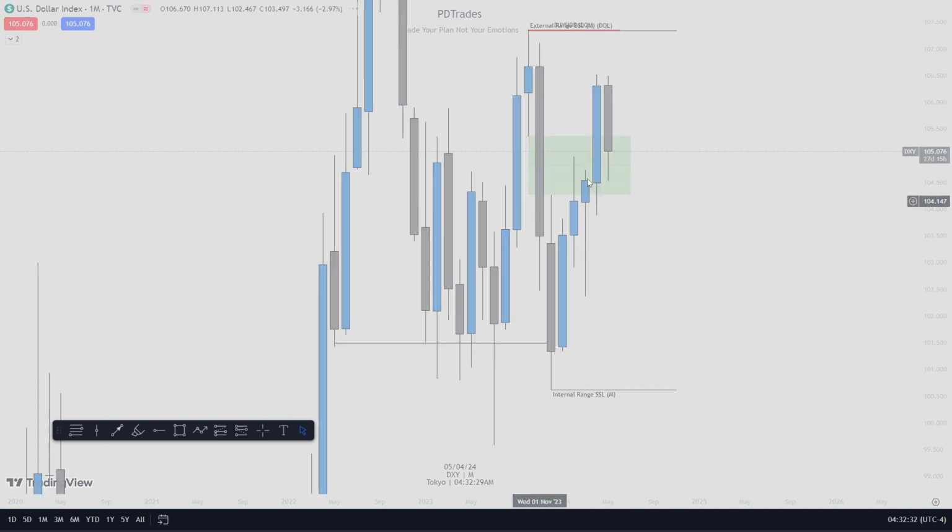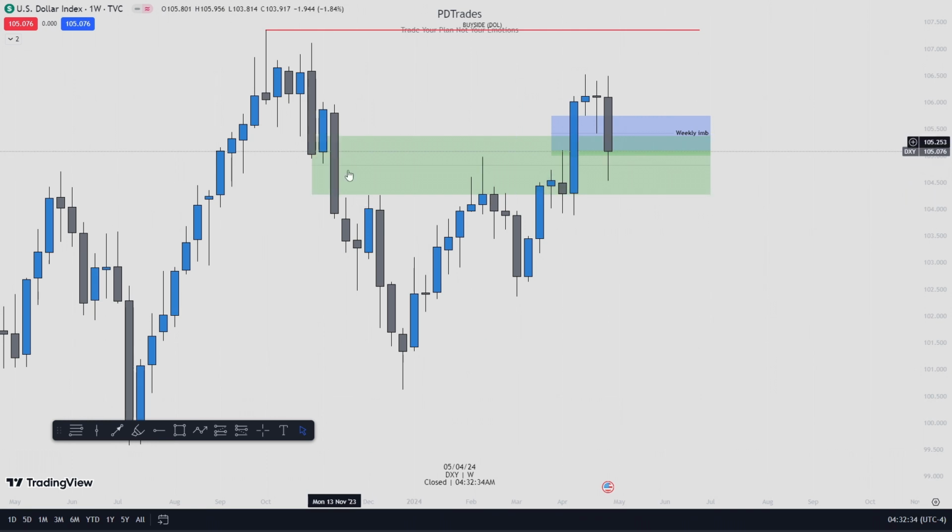This is the monthly fair value gap, and if we minimize it a little bit, using this area here, we went back to what? To reject inside this inversion fair value gap, straight away at the midpoint.